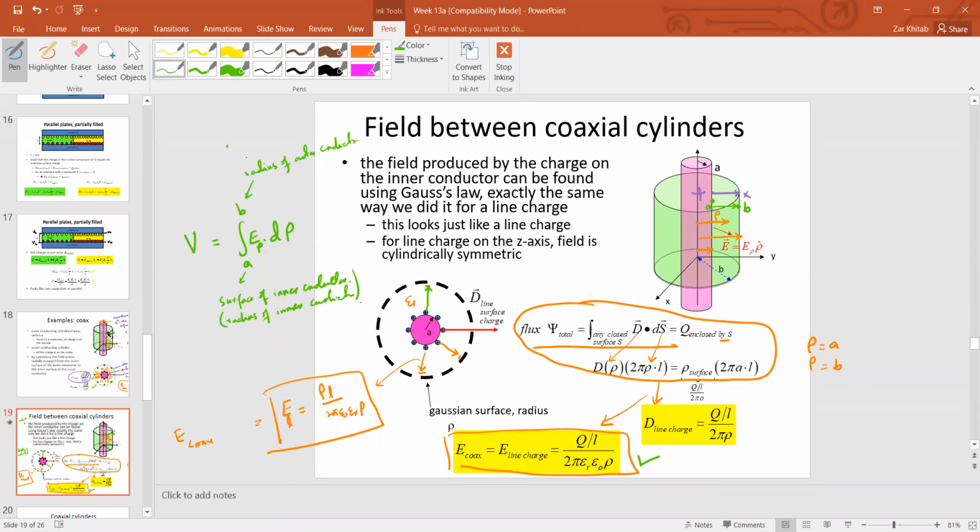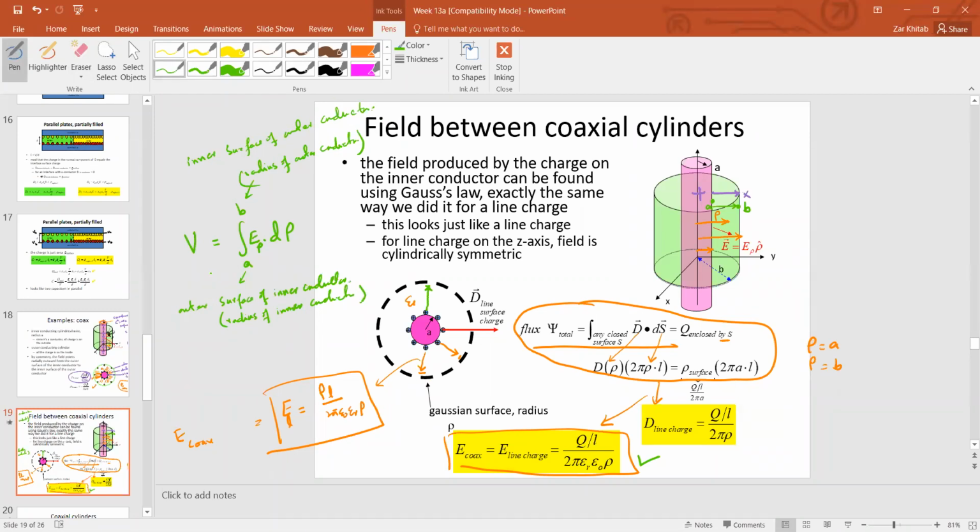This is basically the inner surface of the outer conductor, and this one is basically the outer surface of the inner conductor.